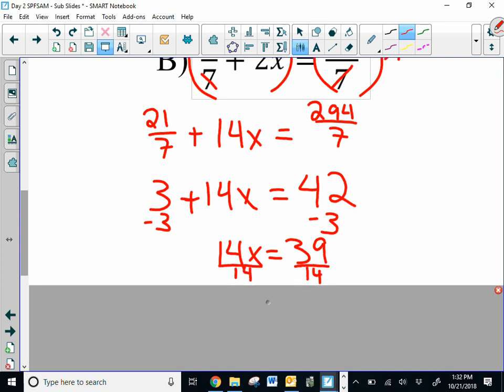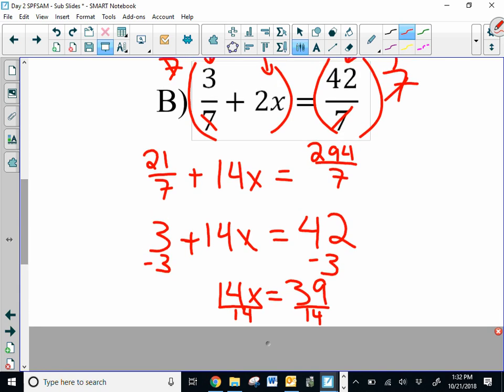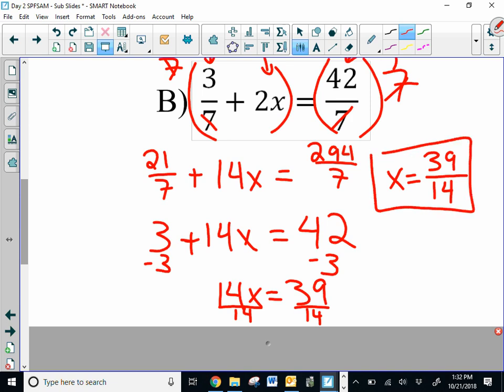Now here, that doesn't turn out to be a whole number. That's okay. We can have answers that are fractions, right? So x equals 39 over 14. That can be an answer. That's okay. And we can check this. We can still check this 39 over 14.